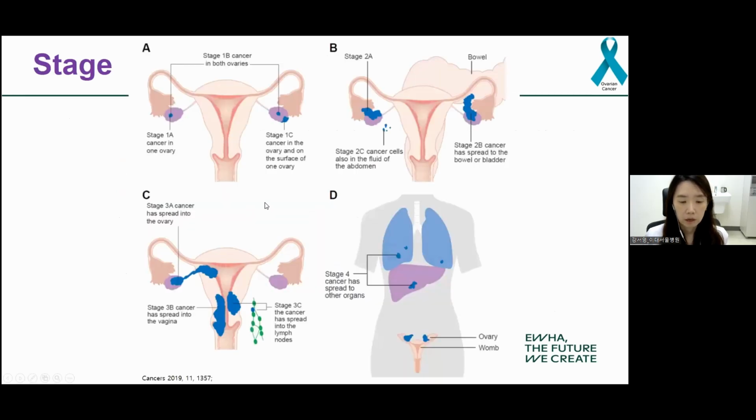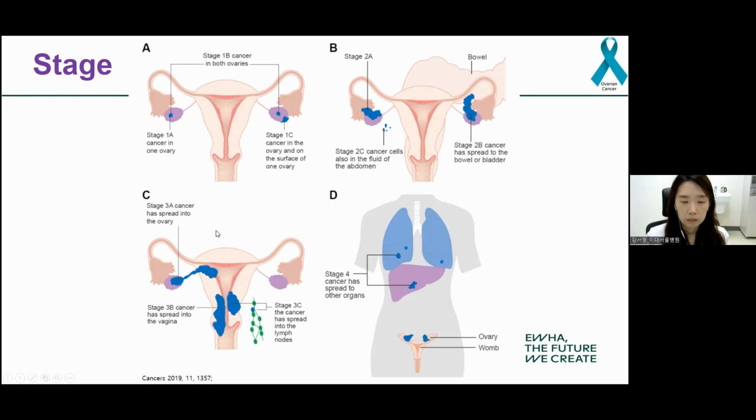So this figure shows the clinical ovarian staging, easily understandable. Here, figure A means stage 1 ovarian cancer, cancer confined to the ovaries. In figure B, cancer cells invade nearby locations within the pelvic cavity, such as the fallopian tubes.